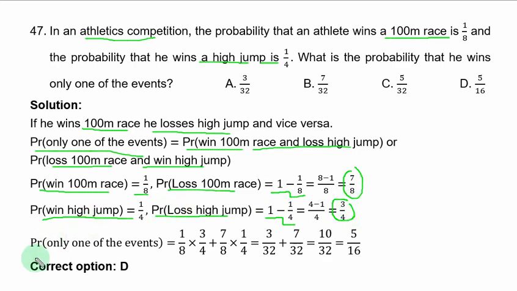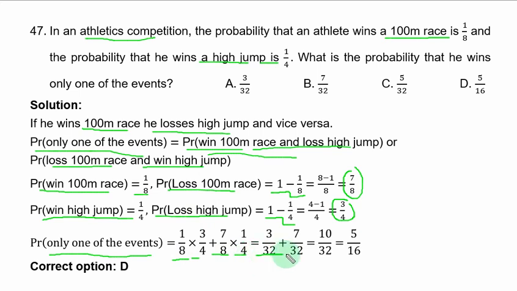Therefore, probability only one of the events become this. That is this part now. Wins 100-meter race, 1 over 8, times loses high jump, 3 over 4, plus loses 100-meter race, 7 over 8, times wins high jump, 1 over 4.